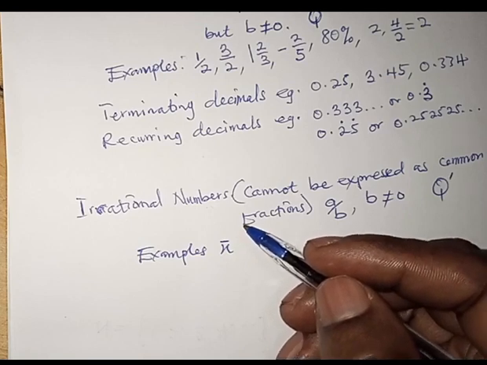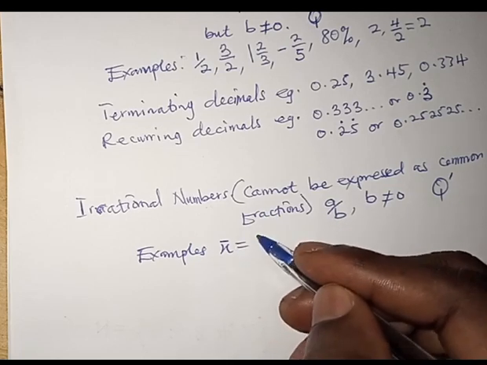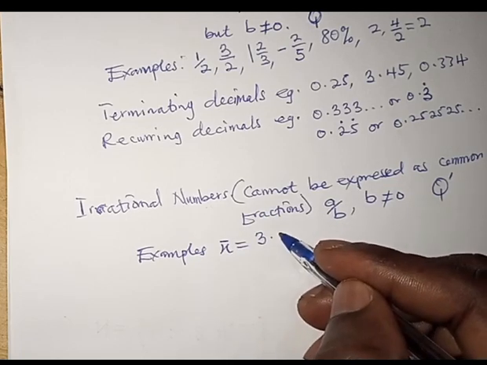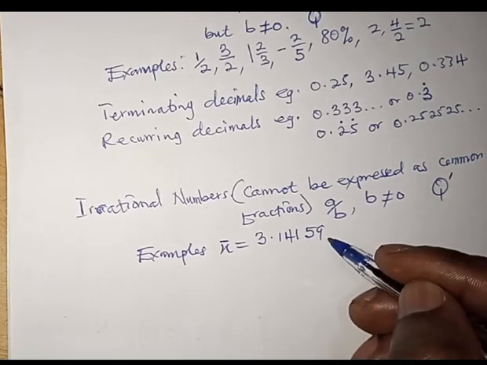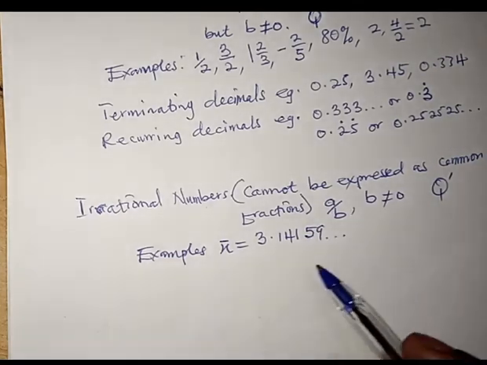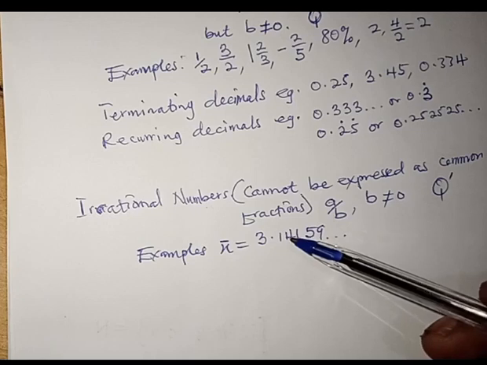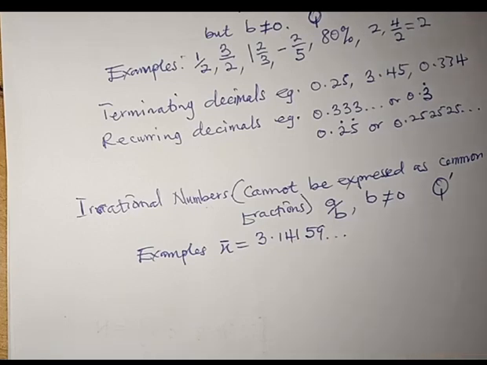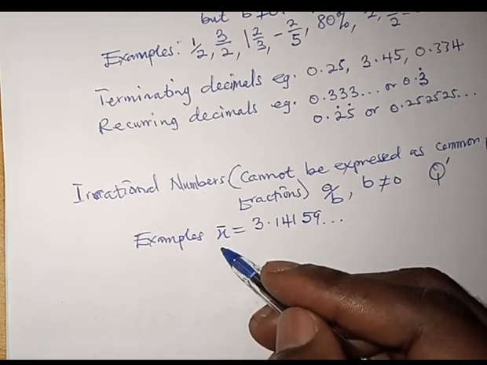Pi can be written as 3.14159 and then dots. It means that pi, if I want to continue, I can continue, and it will go and go and go. It will never end. Okay, so pi is one example of irrational numbers.